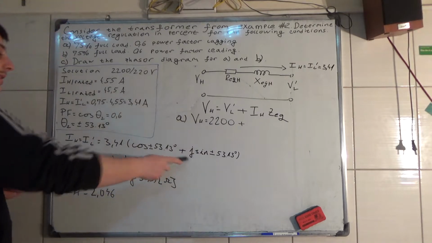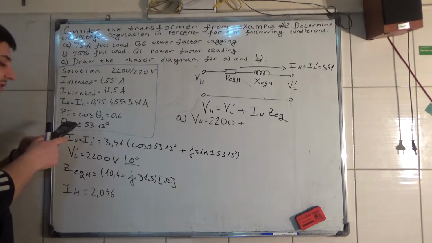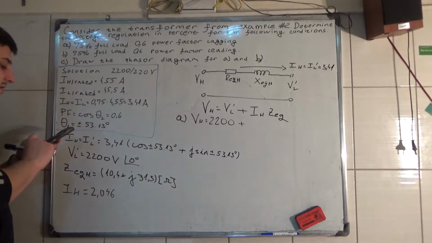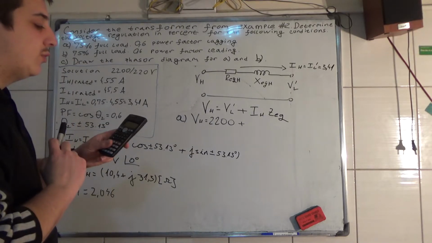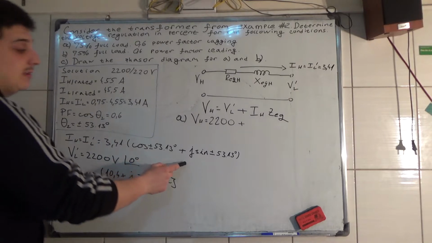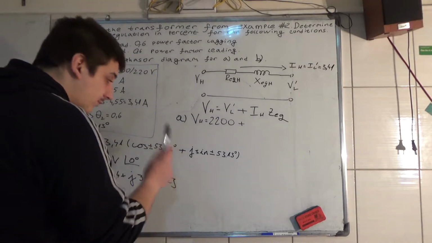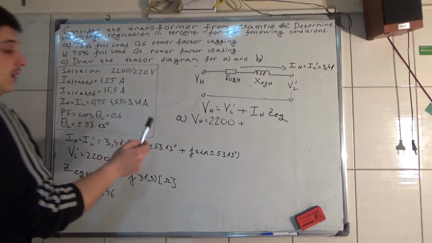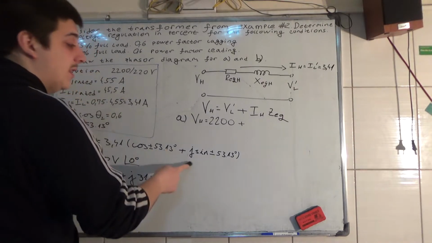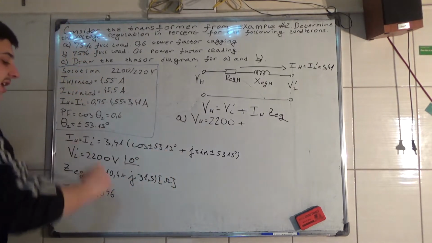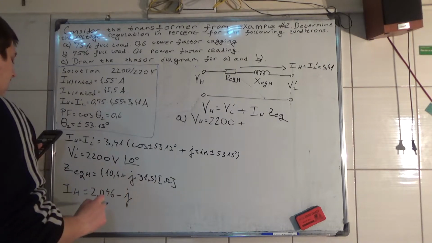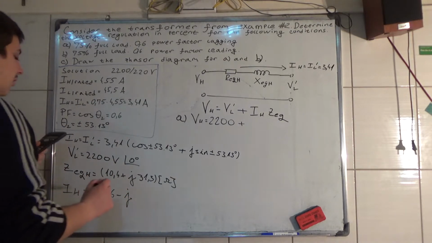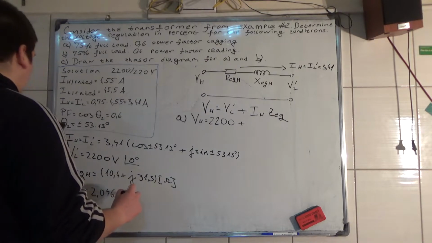Then I multiply this with 3.41. I get minus 2.727, but I mustn't forget the j. So this here is the imaginary part of the complex value of the high voltage current.